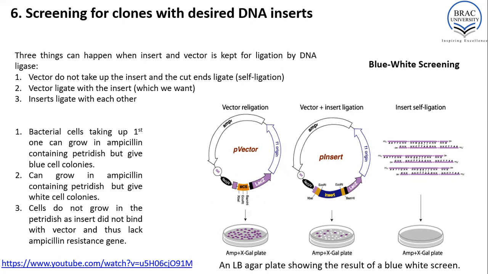So even if the ligated inserts go into the bacterial cell, the bacteria can't grow because the plate or the media has the antibiotic, and for growing on an antibiotic-containing plate, they need that specific antibiotic resistance gene.